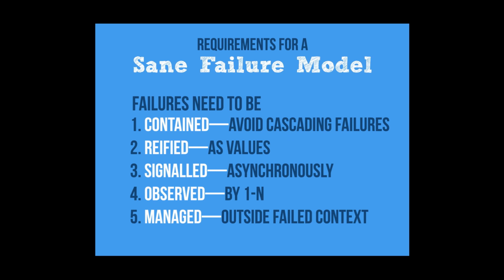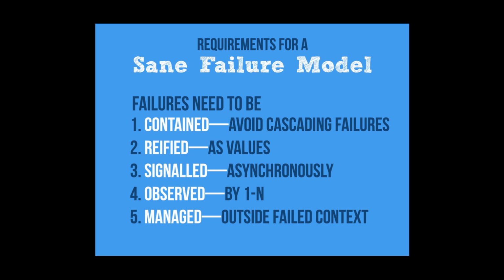Once you have wrapped up the failure as a value, you should have a way of signaling it asynchronously to other components, other systems, sometimes other nodes, where it can be observed, sometimes by one, sometimes by many. It can sometimes be beneficial to have more than one subscribing on the failures, but sometimes it's just one.